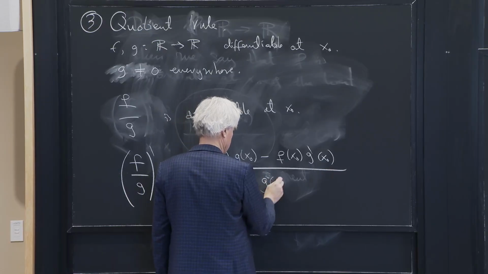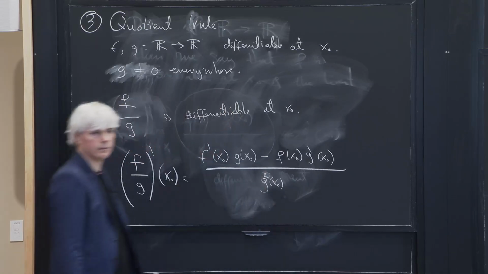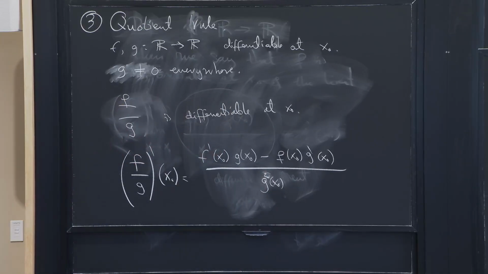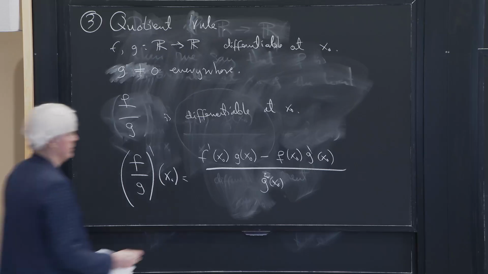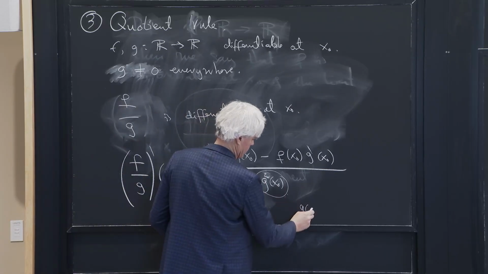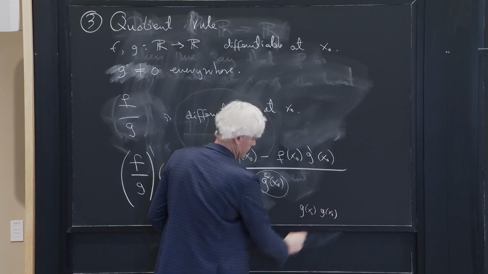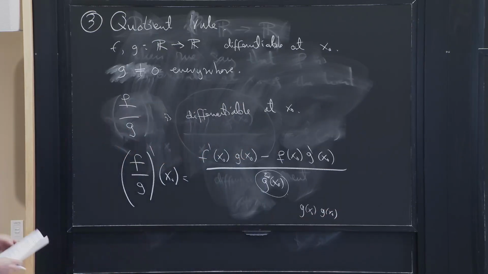So g of x0 times itself. I'll write that as a square. This here is just g of x0 times g of x0.